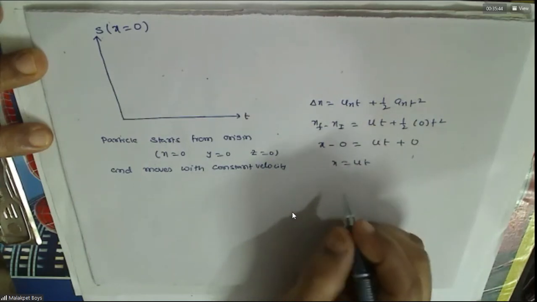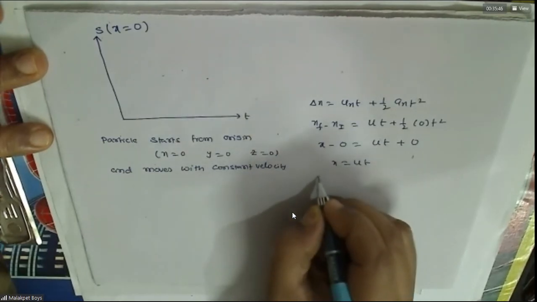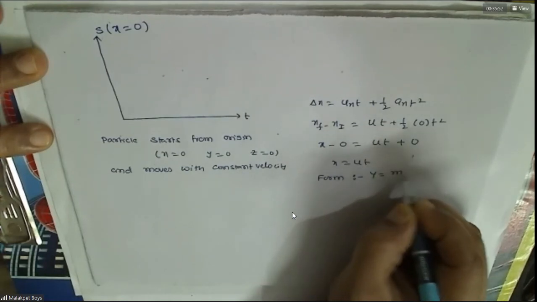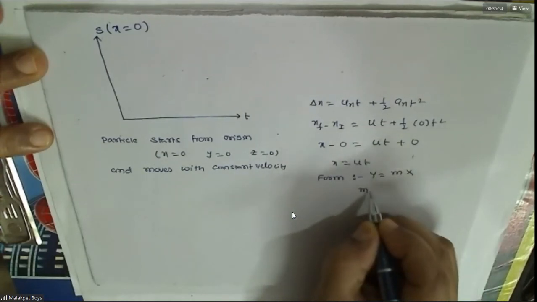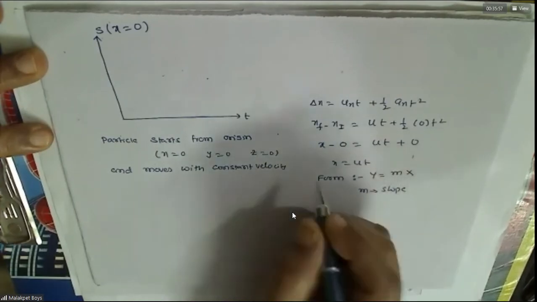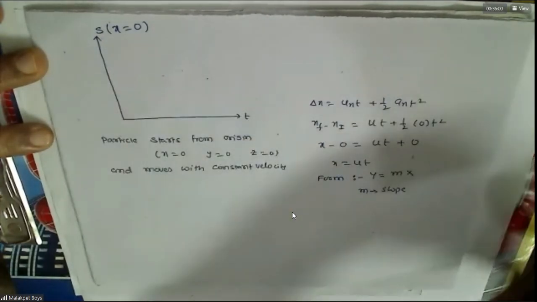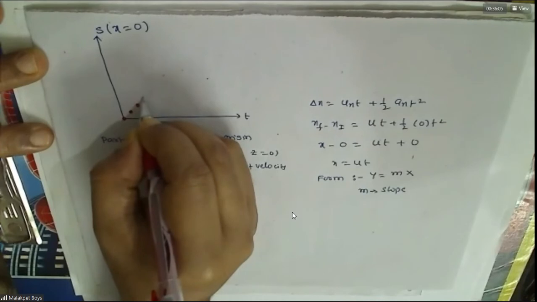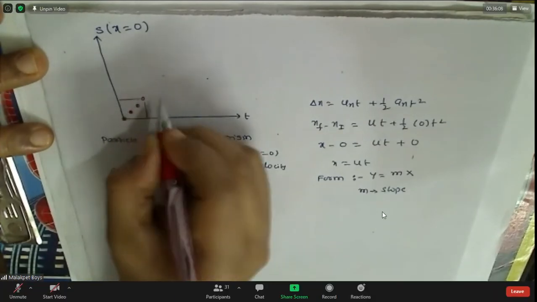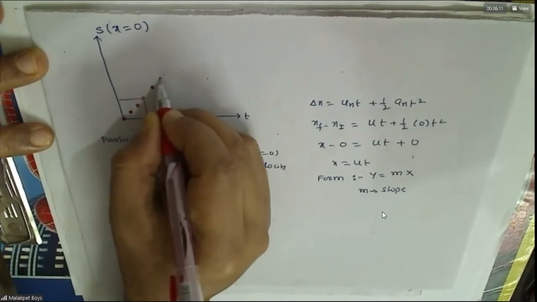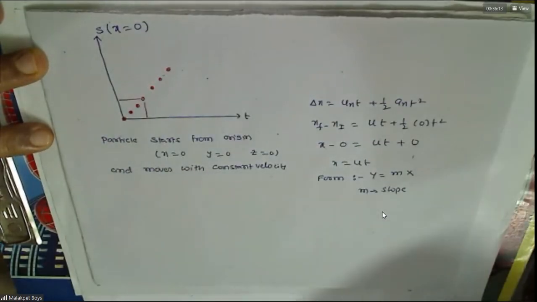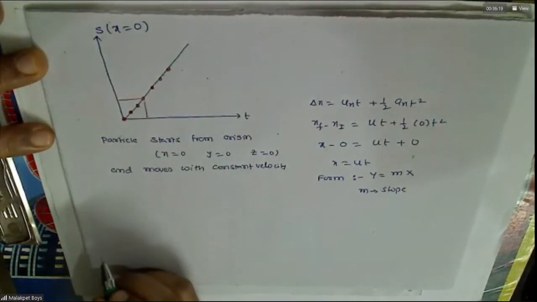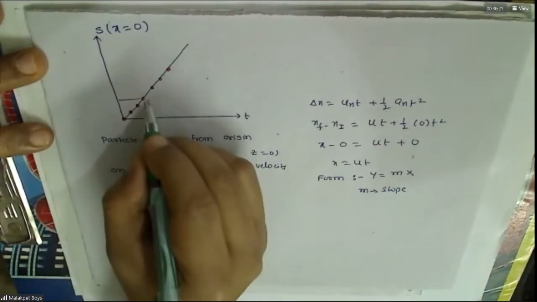It is nothing but a straight line only, no? What is the form of this? y equals mx, where m is the slope. If you plot the x coordinate at time t, and at some other time this is the x coordinate, you join these. Followed? So this is theta.